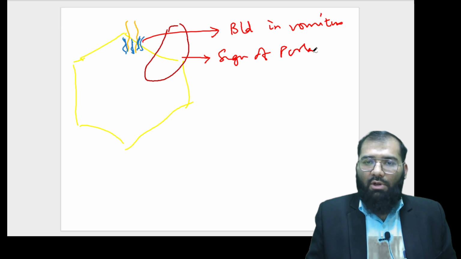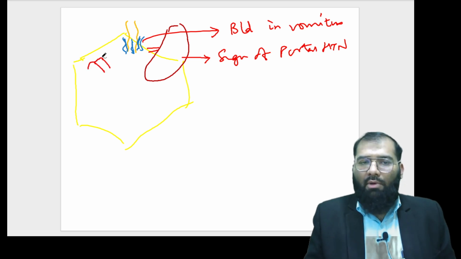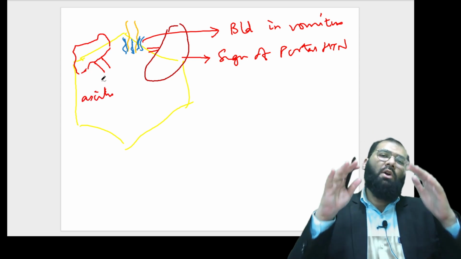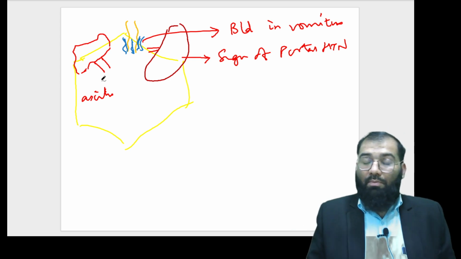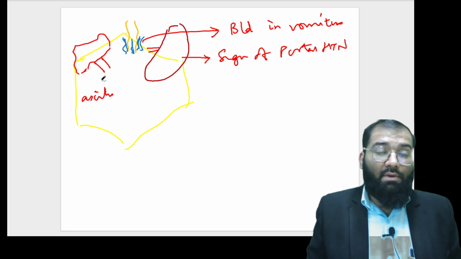So what are the signs of portal hypertension? A patient with splenomegaly, splenic vein dilated more than 10 mm, portal vein dilated more than 12 mm. You might see associated liver cirrhosis. You might see associated ascites. So all are important findings when it comes to a patient with hematemesis who is referred from surgery.